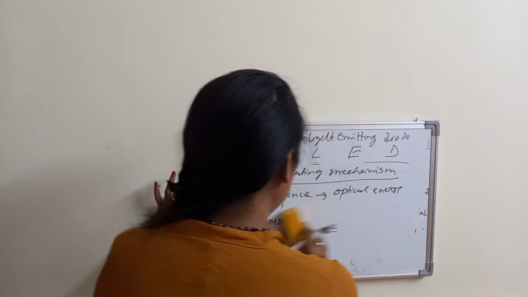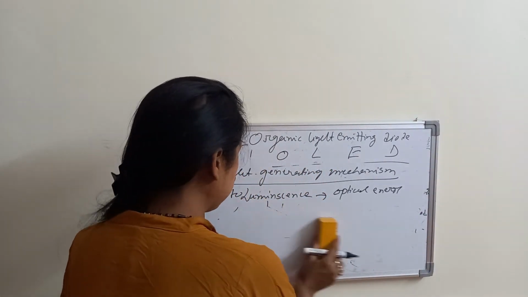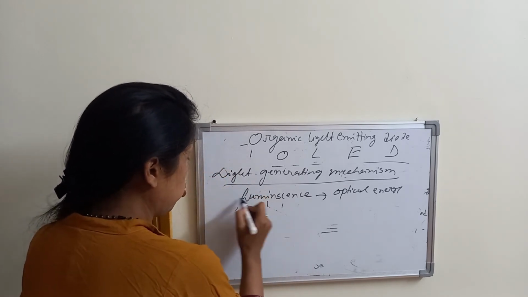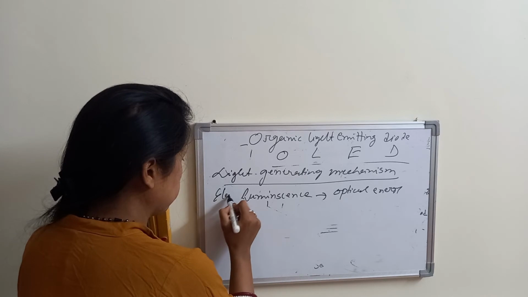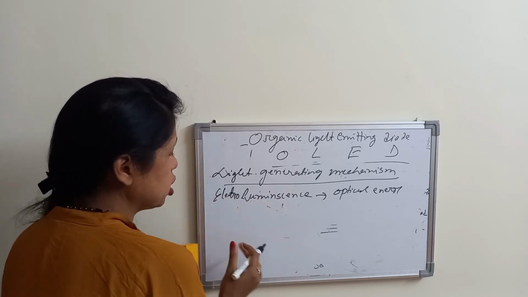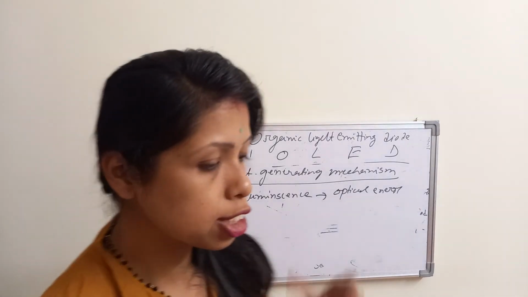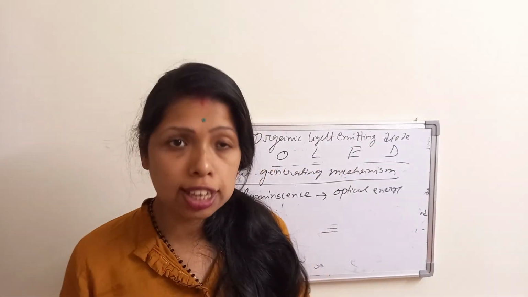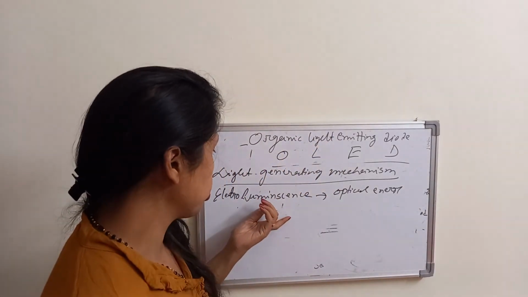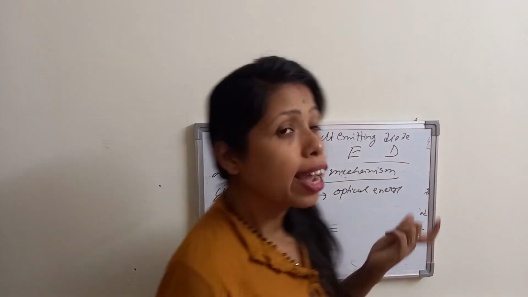In order to design the organic light emitting diode, mainly the electroluminescence mechanism is used. Photoluminescence means we are applying an optical signal to get light. In the case of electroluminescence, we have to apply an electrical signal to get the light.